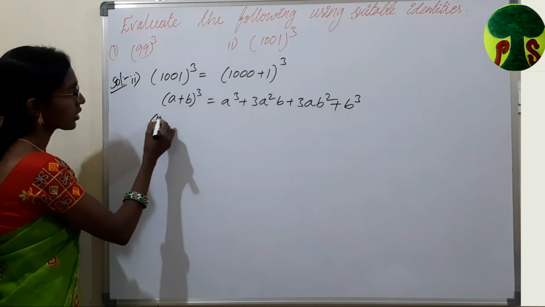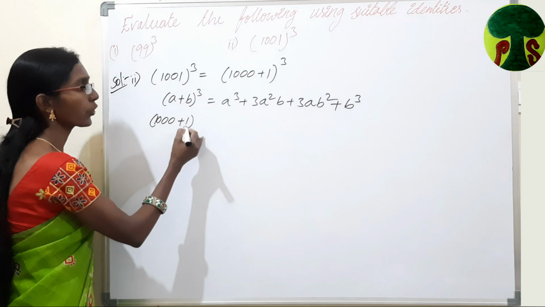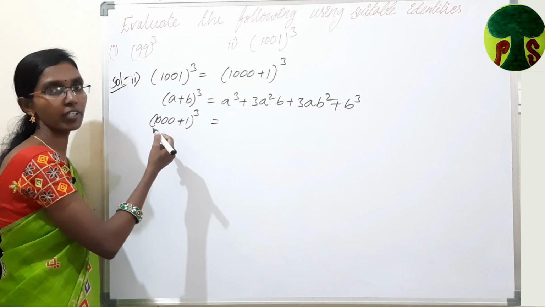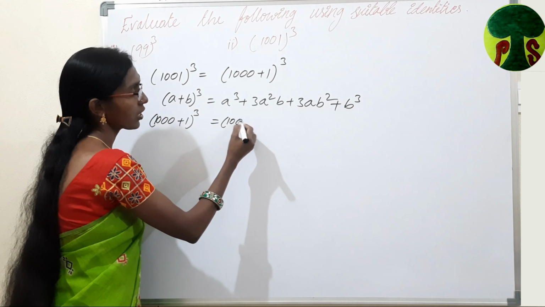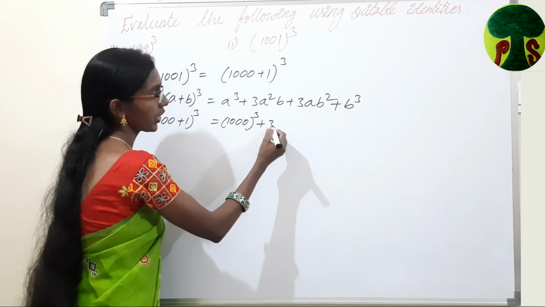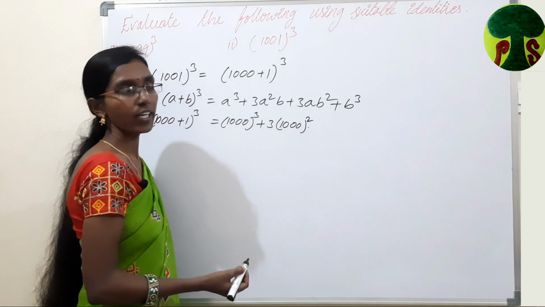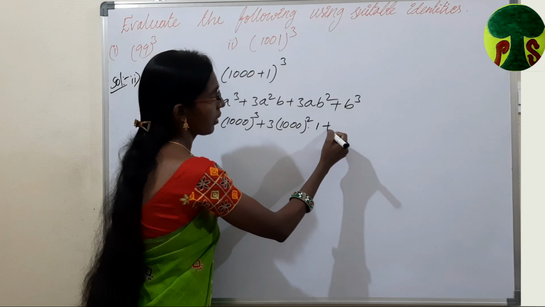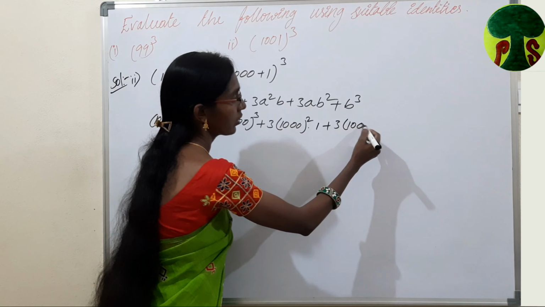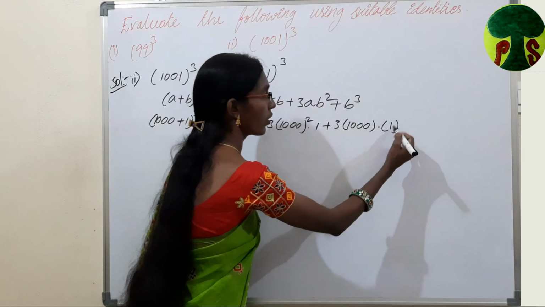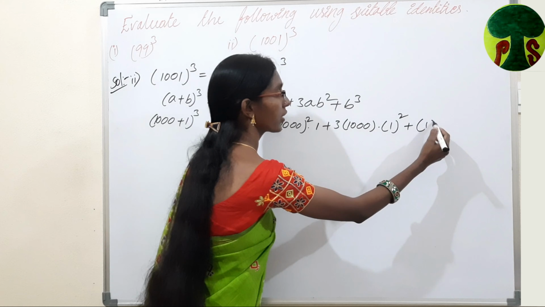Now (1000 plus 1) whole cube is equal to, in the place of a we have 1000. So this is 1000 whole cube plus 3 into 1000 whole square into b value 1, plus 3 into 1000 into b value 1, so 1 square, plus 1 cube.